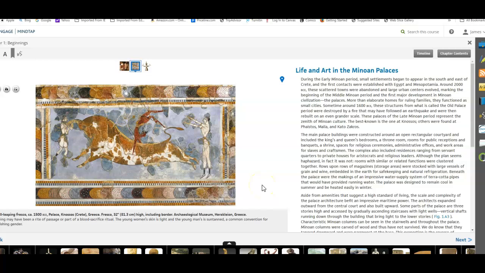Again, part of why he used the name Minoan is that King Minos, pronounced either way, had insulted the gods, especially Poseidon. And so Poseidon sent a bull out of the ocean that Minos' wife, Pasiphae, fell in love with, mated with, and gave birth to the Minotaur.